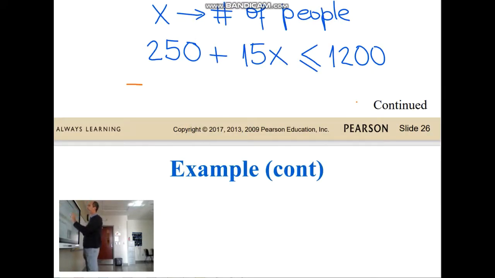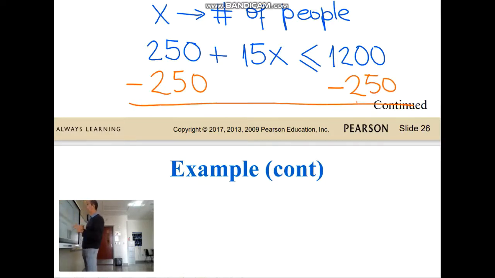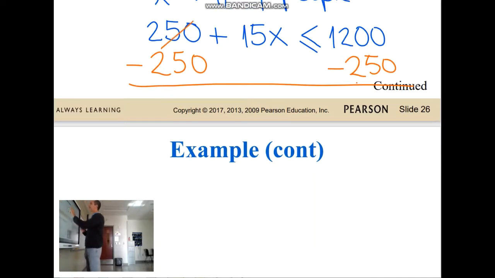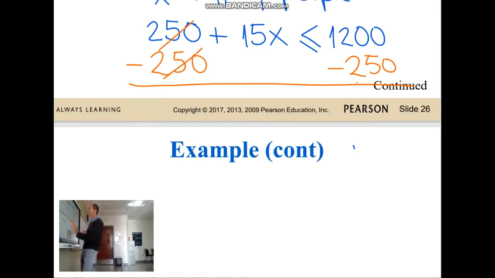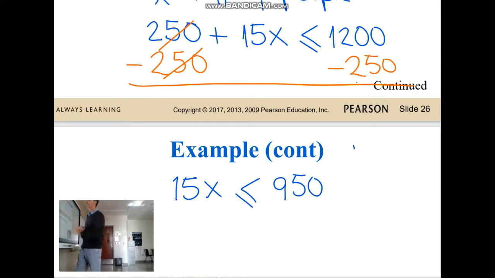Let's say subtract 250 from both sides, right? Or add negative 250, applying the addition property of inequality, and this is going to be 15x less than or equal to 950, which is 1200 minus 250.